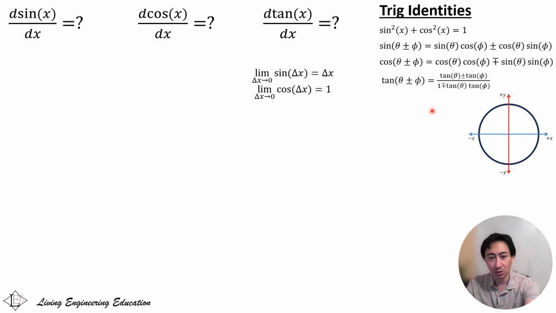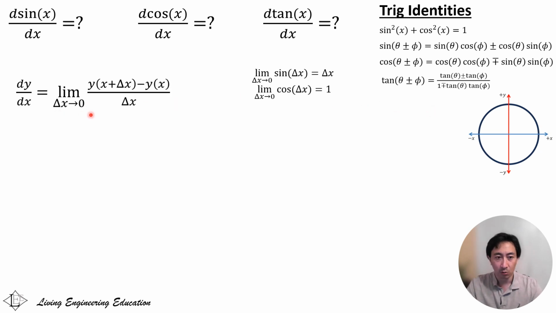And then we have these forms as well, right? So let's take a look at our limit equation. This is just a pure definition of the derivative. As we said before, dy dx, or f prime, however you want to write it, it just means we're taking a derivative of the function f or the function y, right? In this case, we're going to look at sine of x first. And the definition of the derivative says I can take a limit of the step size, delta x, as that gets smaller and smaller, right?